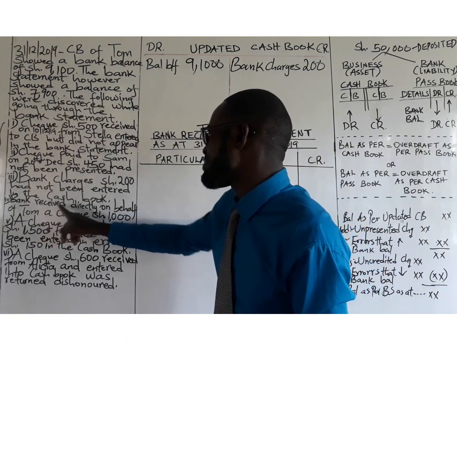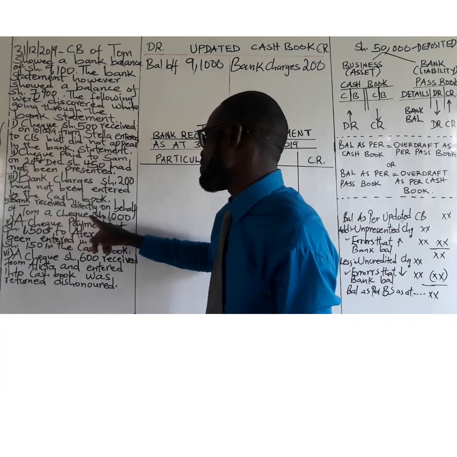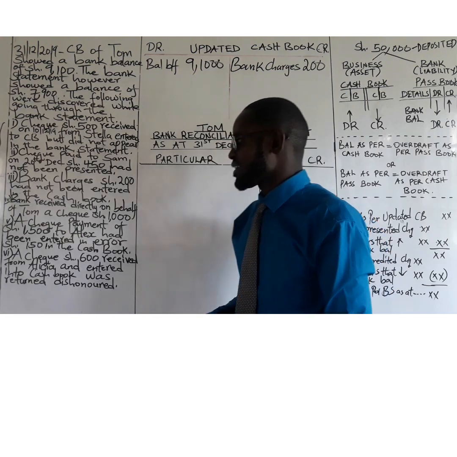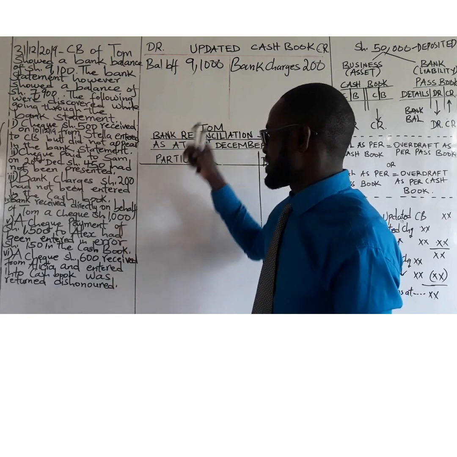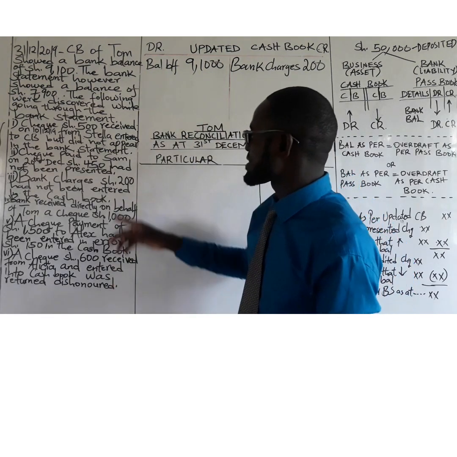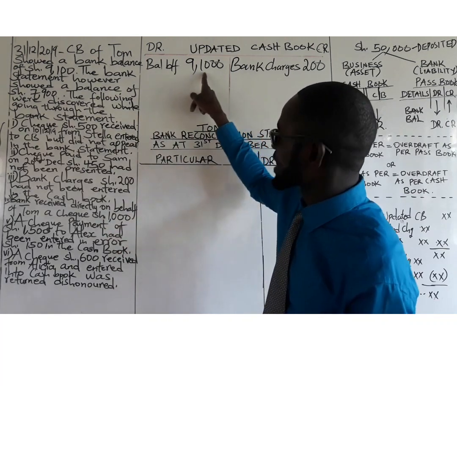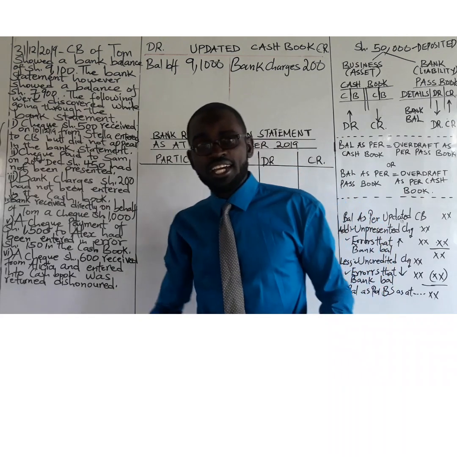The bank received directly on behalf of Tom a check of 1,000. Now you see, this is a type of error whereby the bank is receiving a check. So it means this amount of money went to the cash book. It increased the cash book. But it was not featuring in what?